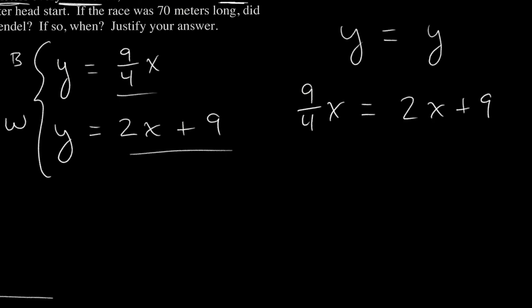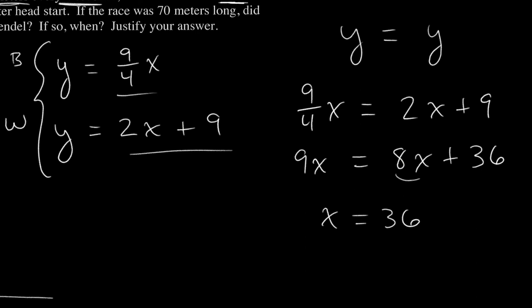I'm going to multiply both sides by 4 to get rid of the fraction. The left-hand side becomes 9x. The right-hand side becomes 8x plus 4 times 9, which is 36. Taking away 8x from both sides, I get that x is 36.